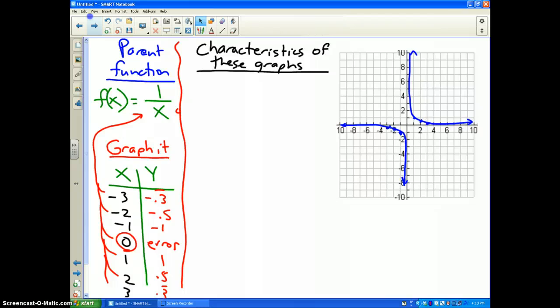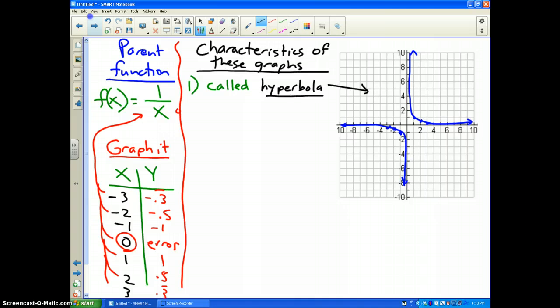So let's talk about their characteristics. Number 1, the graph is called a hyperbola. Now, why is it called a hyperbola?